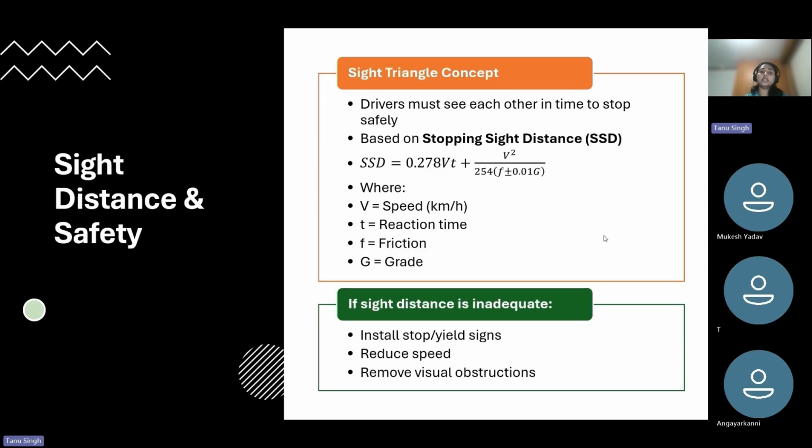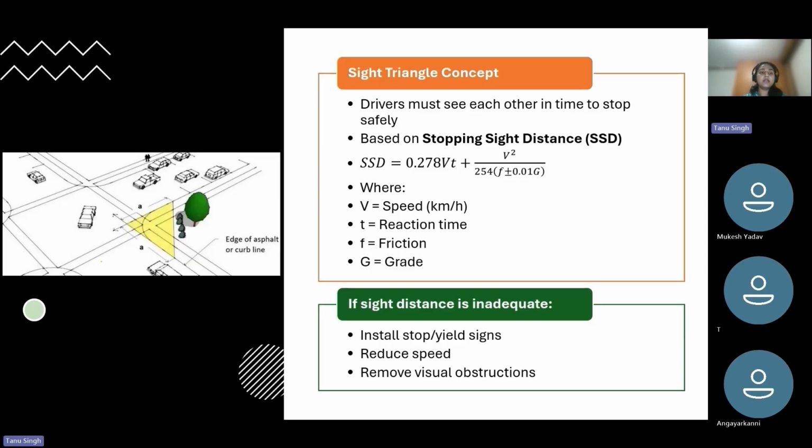Here the sight triangle concept means that if a vehicle is present here, it is able to see the vehicle coming from this leg of the intersection, so that it has sufficient time for perception and to stop before a conflict can take place.